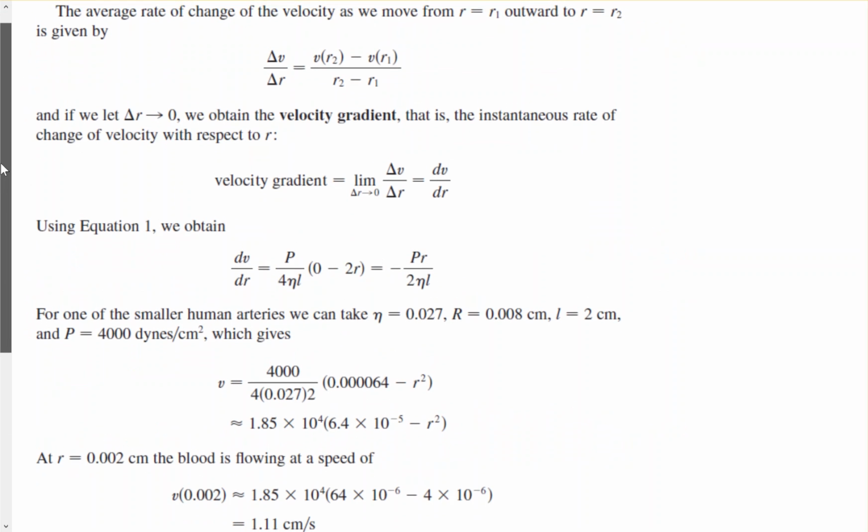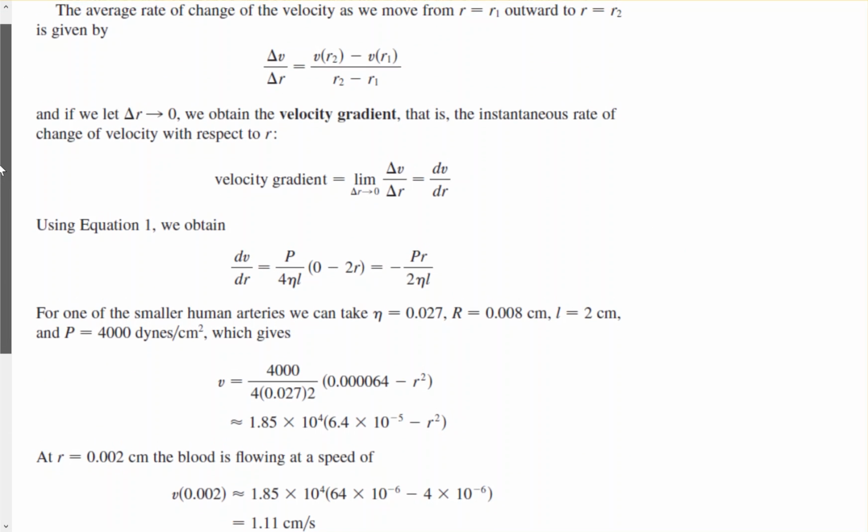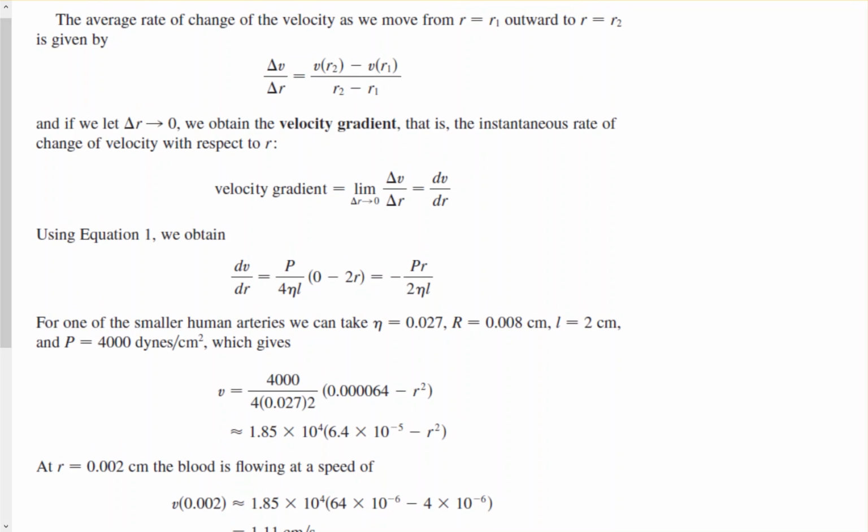Okay, the average rate of change of the velocity would be delta v over delta r. If we let delta r approach 0, we obtain the velocity gradient, which is the instantaneous rate of change of velocity with respect to r. So dv/dr gives us the velocity gradient.